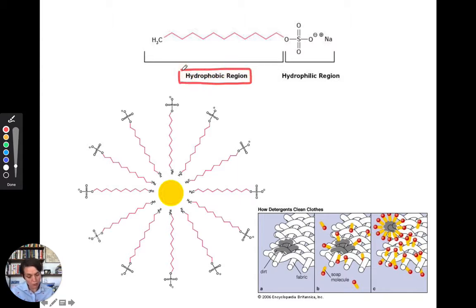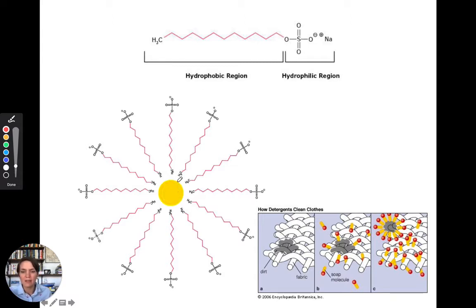So you have this cool molecule where part of it is hydrophilic, wants to be around water, and part of it is hydrophobic. Well, wanting to be around water also means that it will associate with water molecules really readily. So that's that hydrophilic part. The hydrophobic part is going to try to get away from the water as much as it can, right? It's not attracted to it.